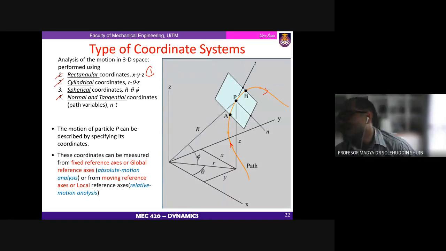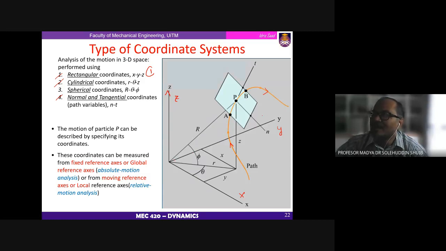When we want to set up the coordinate system, we start with a rectangular coordinate system: X, Y, and Z. This is a rectangular coordinate system.